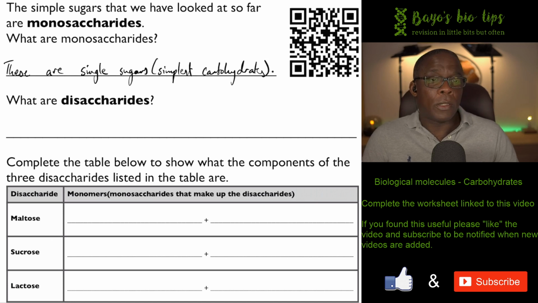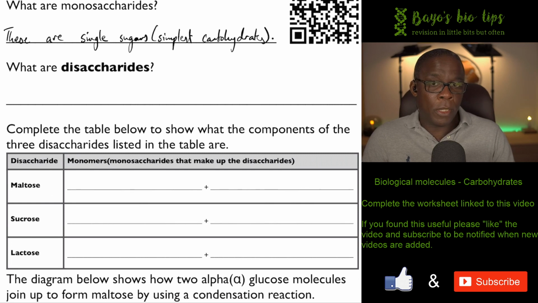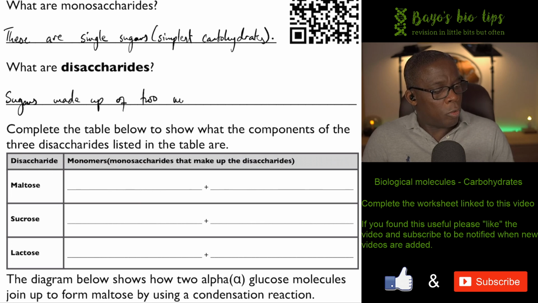And all other carbohydrates are made up of these. Disaccharides, as their name suggests, are made up of two monosaccharides bonded to each other. So the sugar is made up of two monosaccharides bonded to each other.